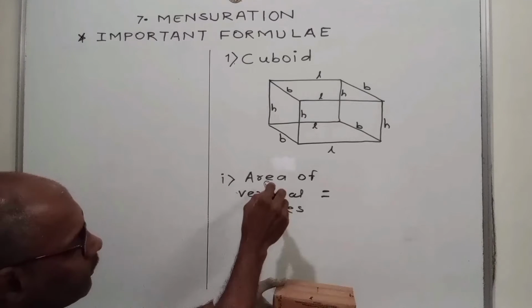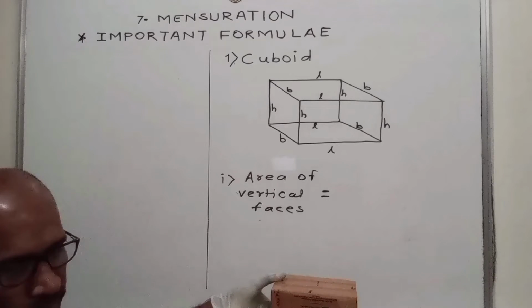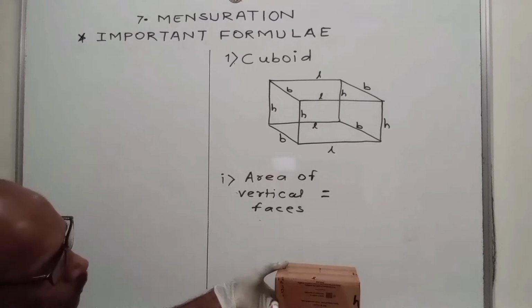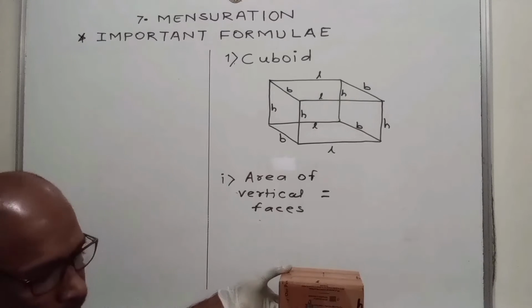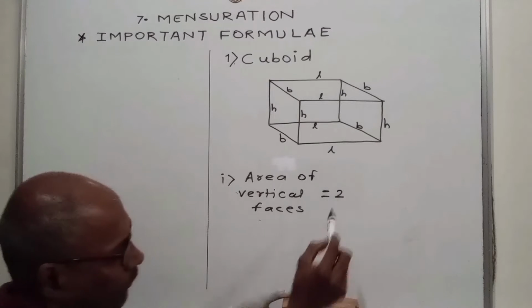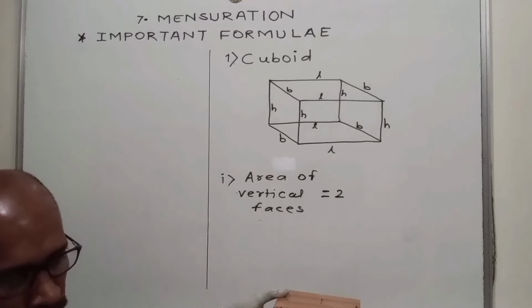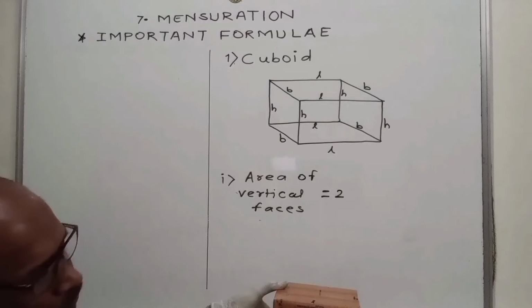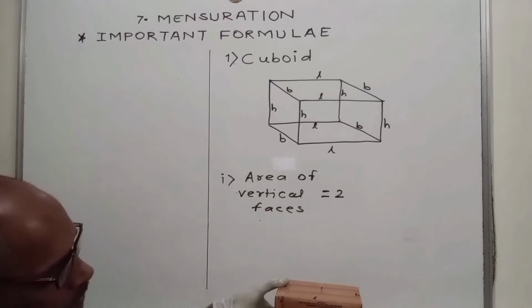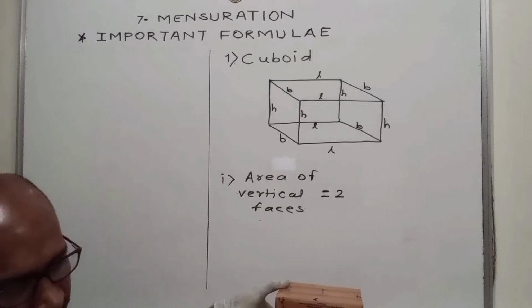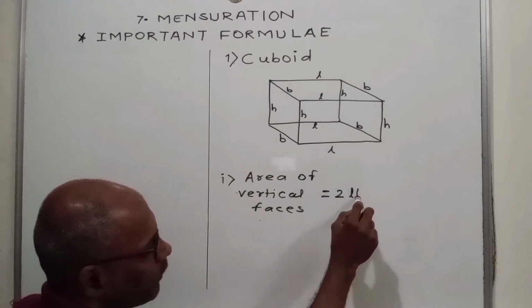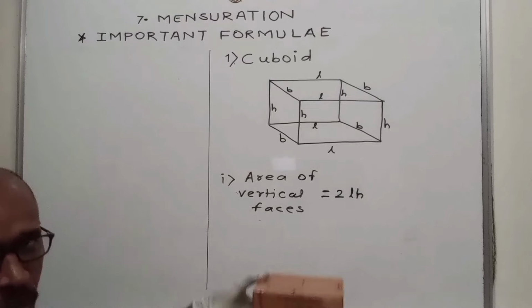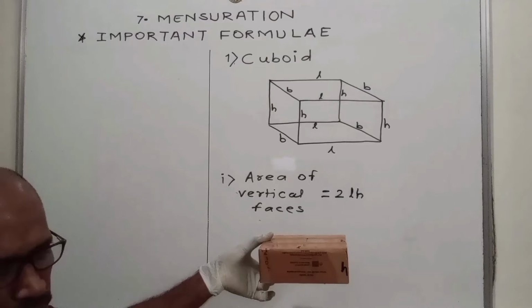Now therefore, when we write area of vertical faces, see this. This is our vertical face and the opposite is congruent with this. Here two faces, same faces, congruent faces. Therefore, area of one face is length into height, L into H. Two congruent faces, 2 into length into height.